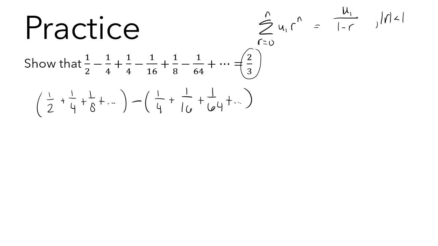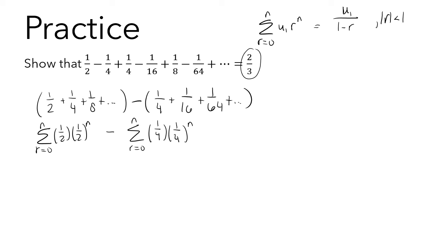So now you can see that these are actually two geometric series. The first one is going to be a series from r equals 0 to n. My first term here is going to be 1/2, and my ratio is also 1/2. That's going to be minus the geometric series from 0 to n of 1/4, my first term, and 1/4 also my ratio.